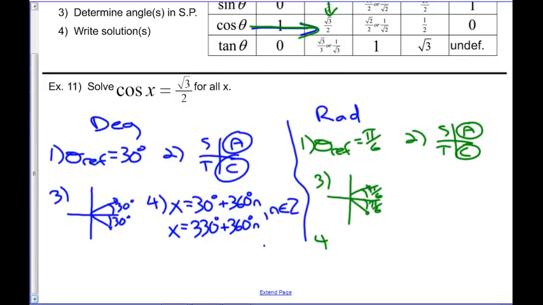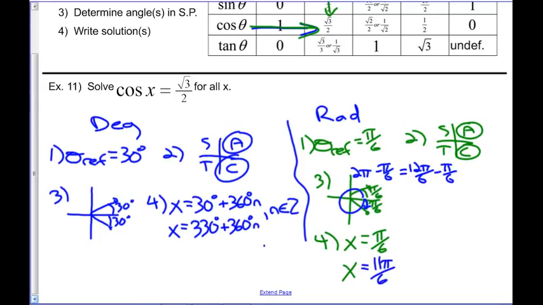That first one is a gift. It's just pi over 6. The other one you'd have to think of as 2 pi minus pi over 6, which is the same as 12 over 6 pi minus pi over 6, or 11 pi over 6.